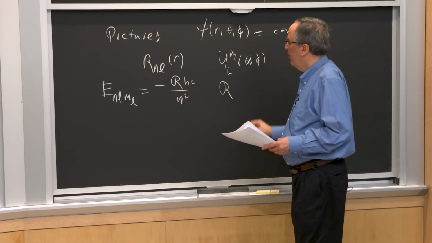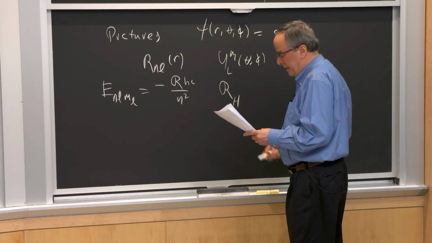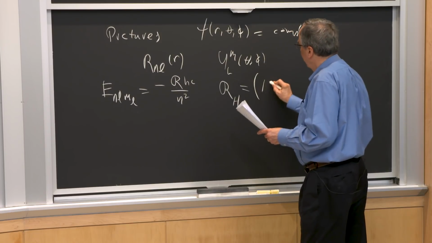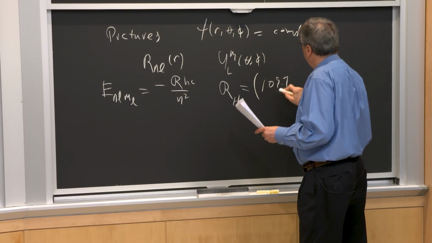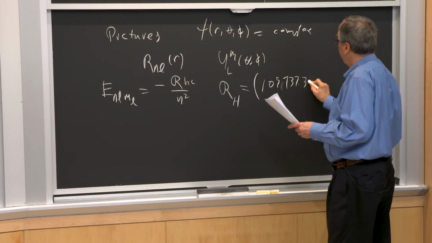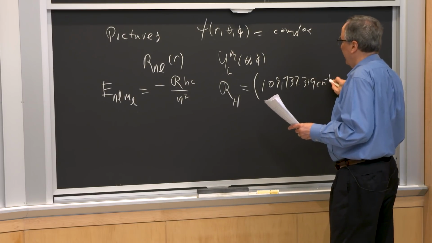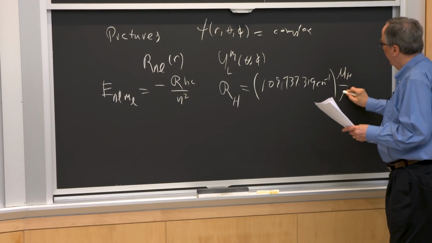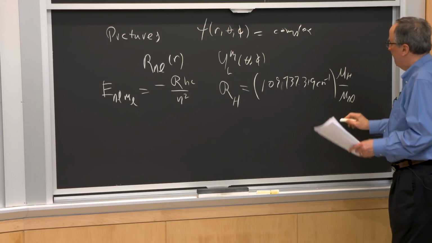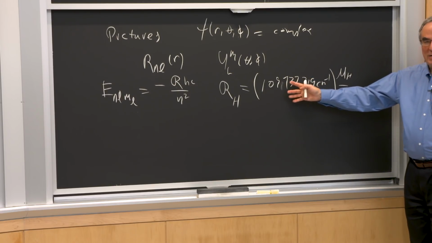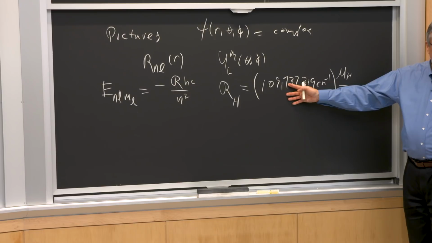And for hydrogen, the Rydberg constant is equal to 109,737.319. There's actually more digits, in wave numbers, times mu_H over mu_infinity. Well, this is actually the Rydberg constant for an infinite mass.